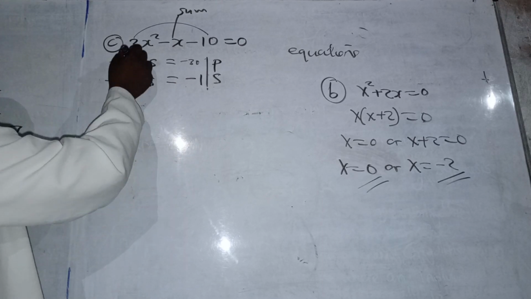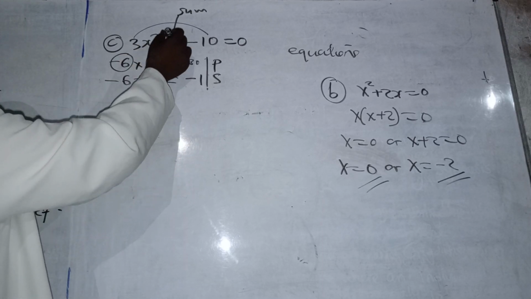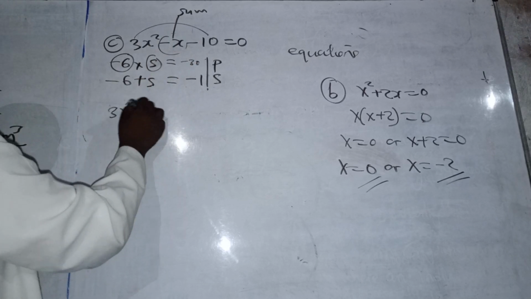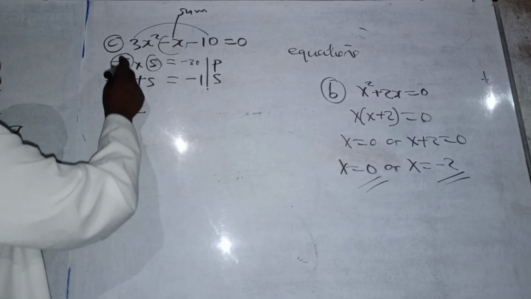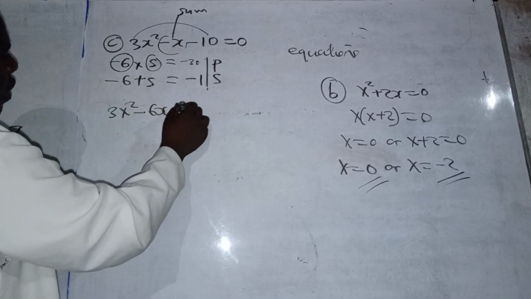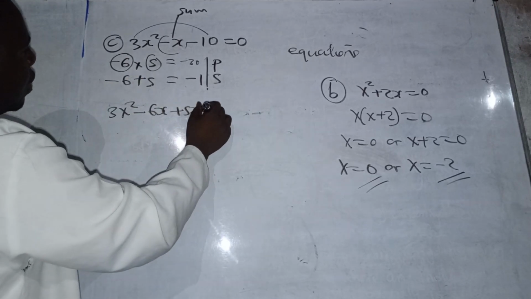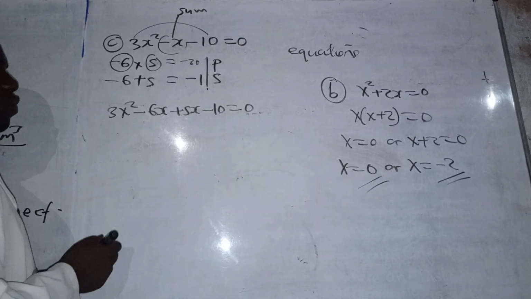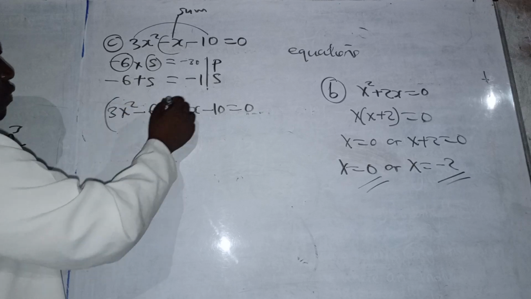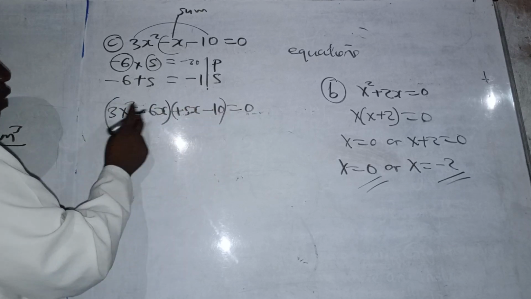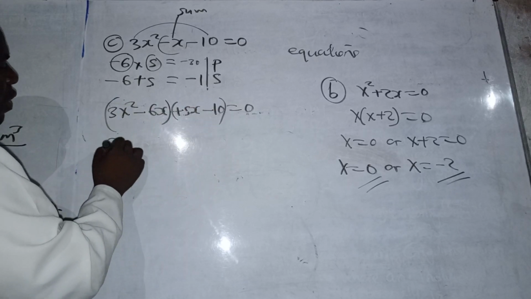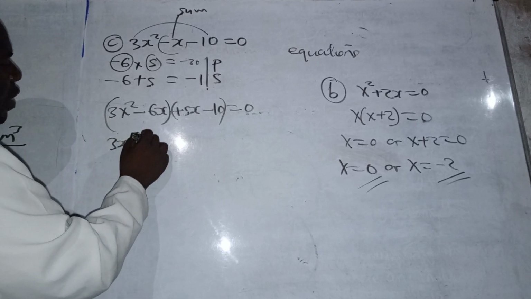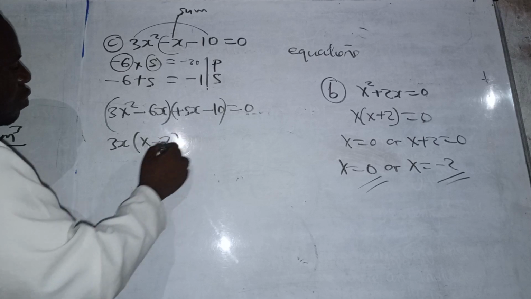So we're going to put these numbers in between here. So we're going to say 3x squared minus 6x, then plus 5x minus 10 is equal to 0. So I'll group them in pairs of 2, even here 2. So what's common here is 3x, then we remain with x minus 2.